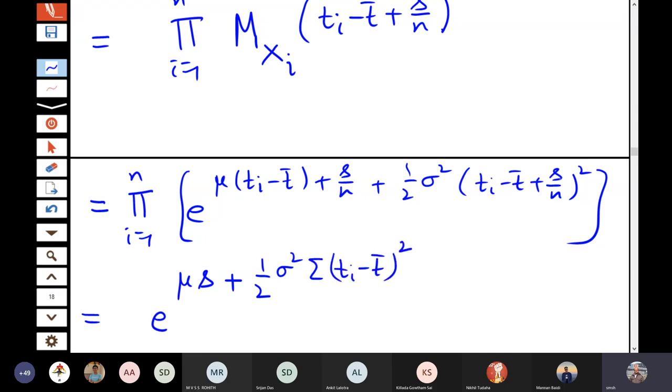Then the cross product will have s by n into (ti minus t bar), so the sigma will again vanish, and the last one will give me s square by n square. If you sum, you will get 1 by 2 sigma square s square by n.